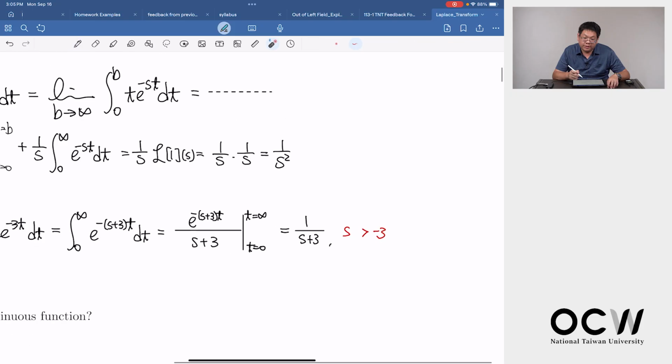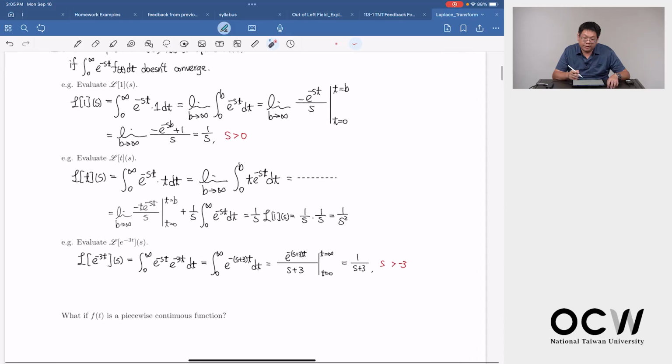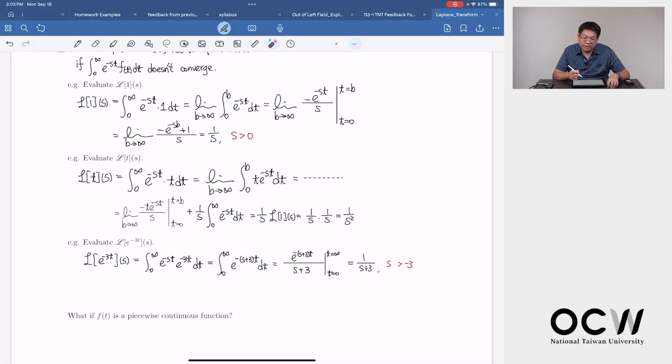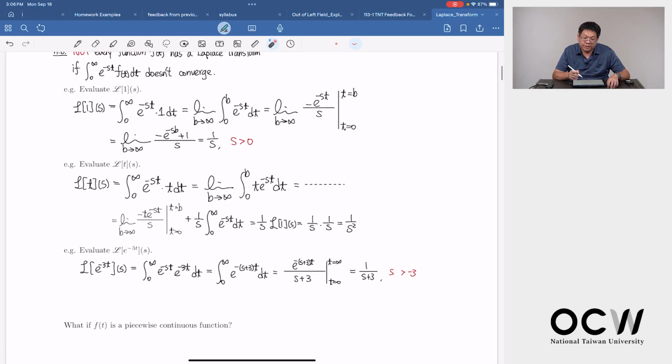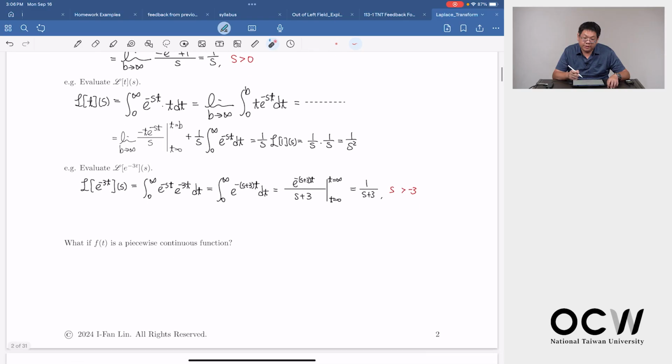So now we have these 3 examples to demonstrate how we calculate the Laplace transform. And those 3 functions are continuous. What if the function is not continuous? It's called a piecewise continuous function.